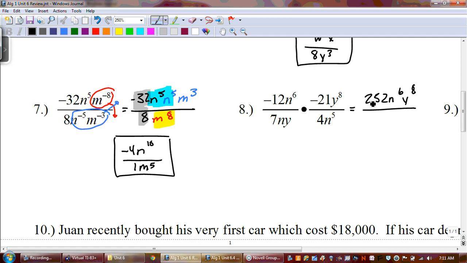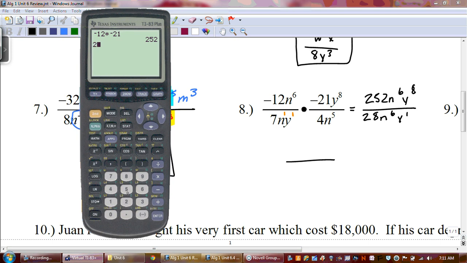On the bottom, 7 times 4 is 28. And remember, if they don't have an exponent, they have an exponent of 1. So I have n to the 6th, y to the 1st. So the first thing I want to do is reduce that fraction. So I have 252 divided by 28, which gives me 9.